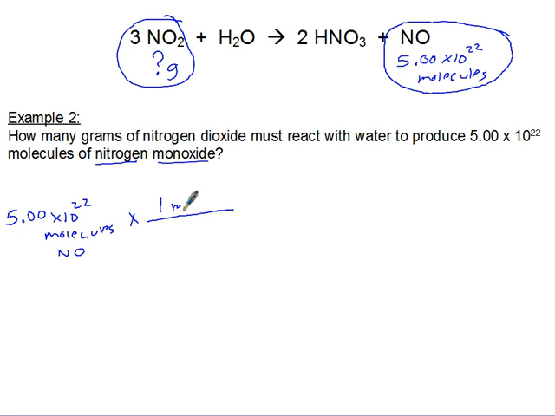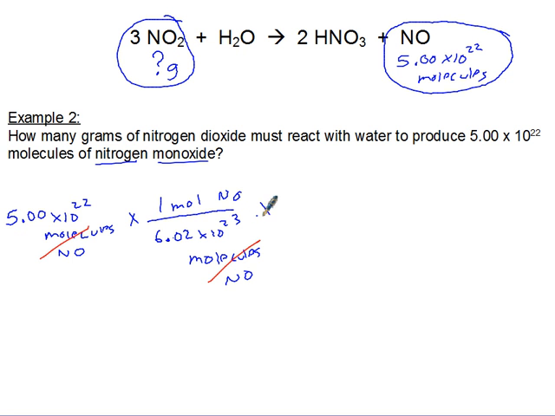So we have 1 mole on top, and 6.02 times 10 to the 23rd molecules of NO. We have NO up here. I understand this looks a little messy, but I don't have enough space. So the molecules cancel out. Now I'm left with moles of nitrogen monoxide.